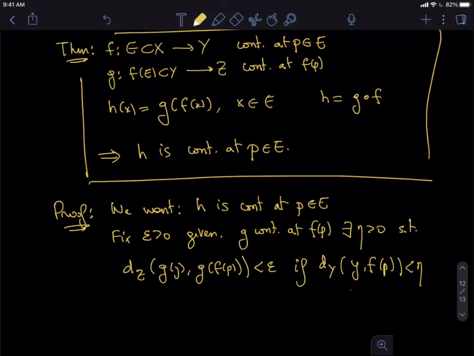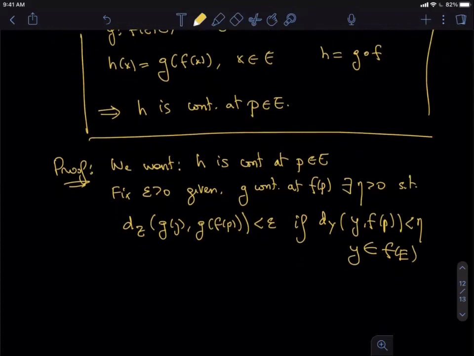And this is for y in f of E. So here actually the eta is the equivalent of our delta.